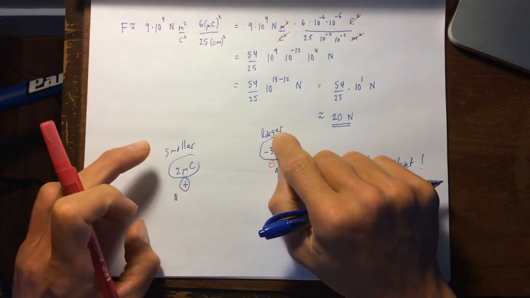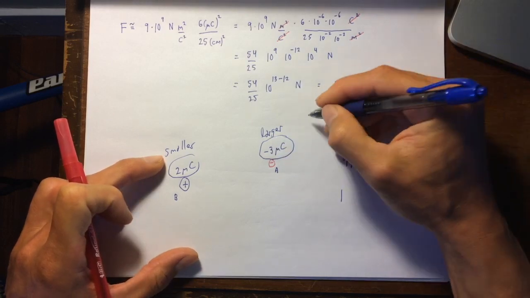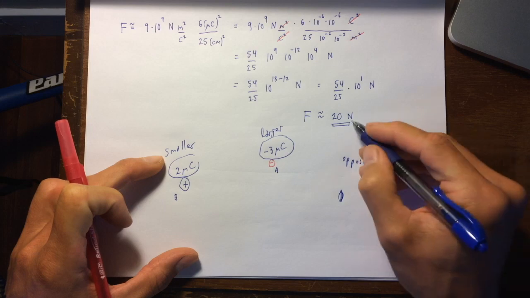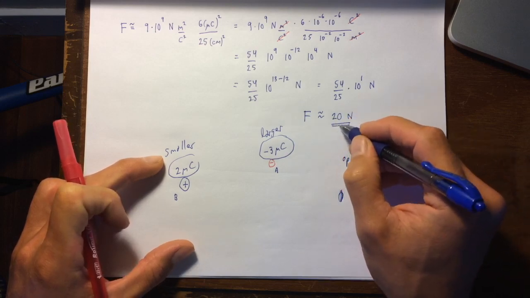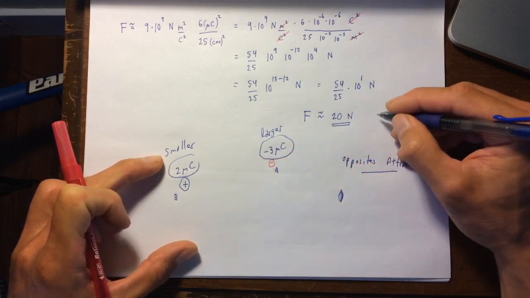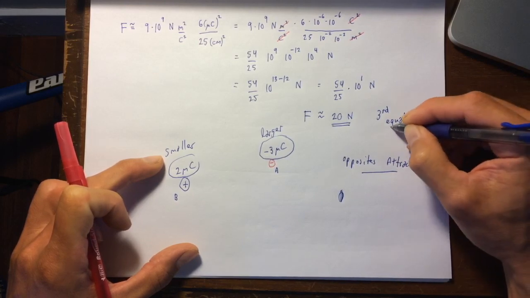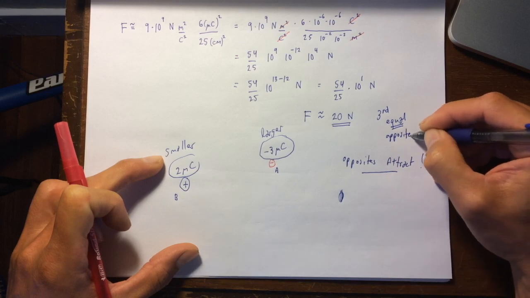So regardless of who's larger and who's smaller, there was a force that we calculated as about 20 newtons. But we didn't calculate a large force and a small force because there isn't a large or small force. According to Newton's third law, you get equal in magnitude, just opposite in direction.